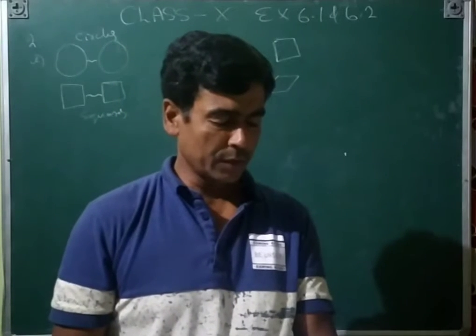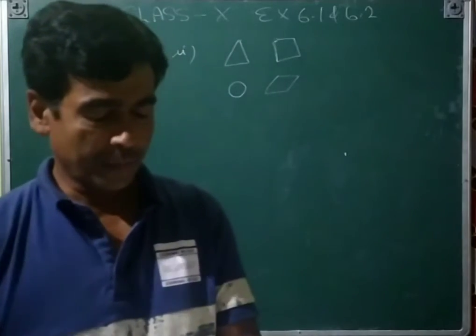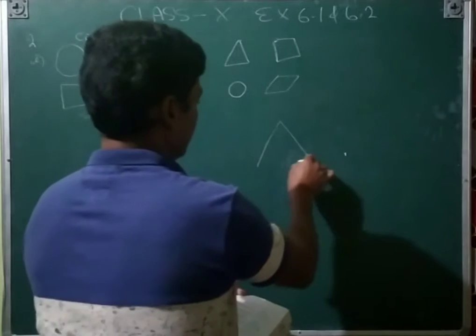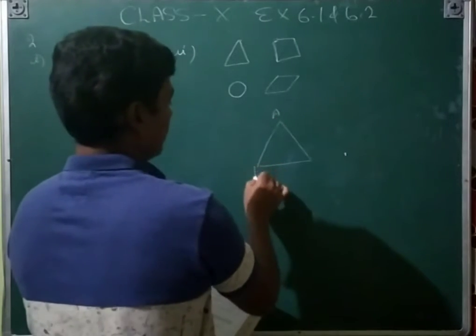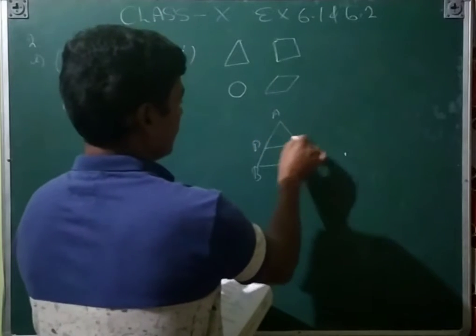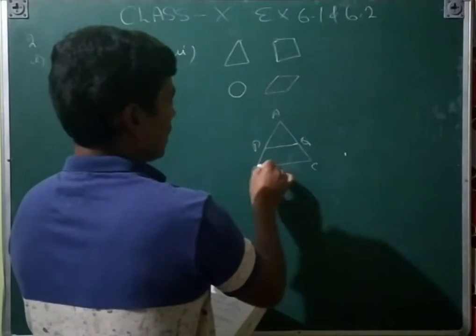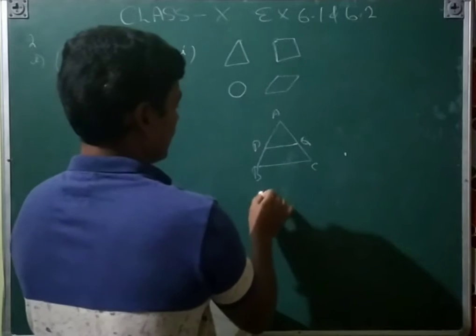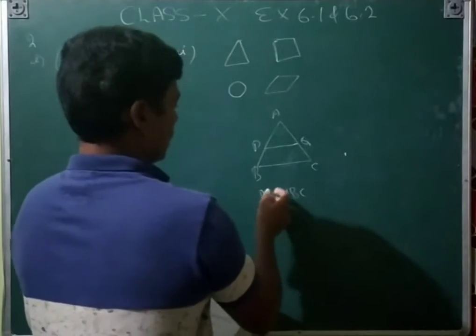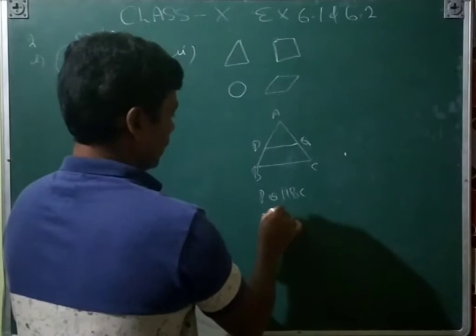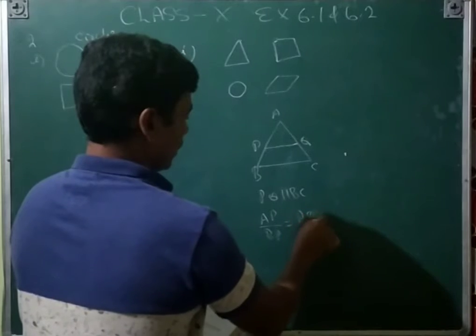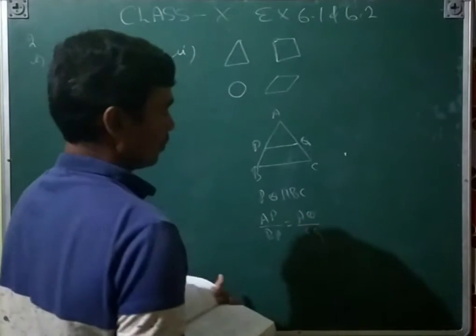The second part you can do very easily. So here we will apply that identity. If a triangle has, that is the 6.1 BPT theorem, suppose PQ and BC are parallel. If PQ is parallel to BC, then obviously the ratio AP upon BP is equal to AQ upon CQ.